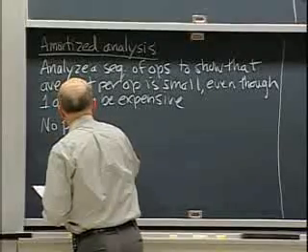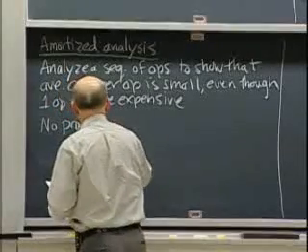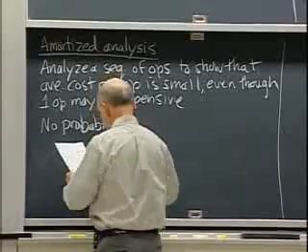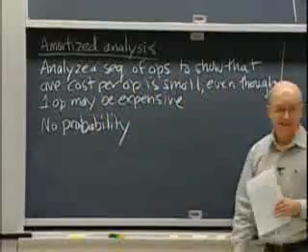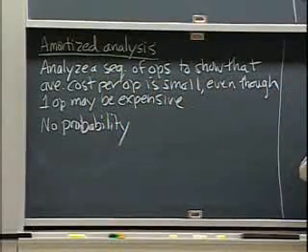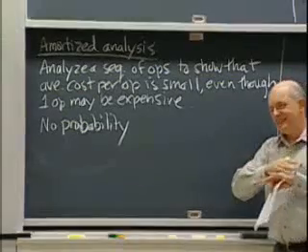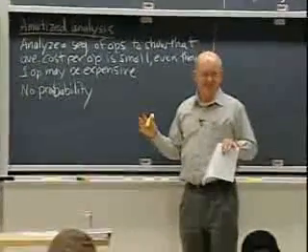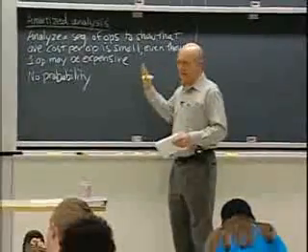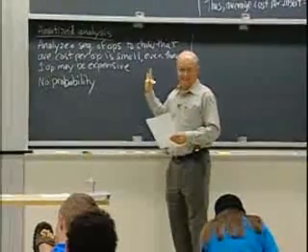Even though we're dealing with averages, there's no probability going on. When you do probability and you're looking at means, there are averages too, but here there's no probability going on.